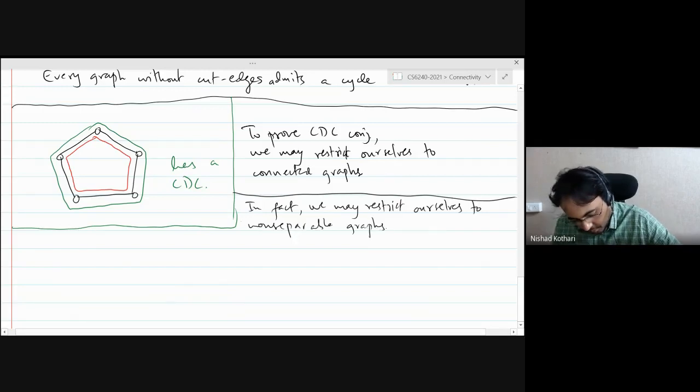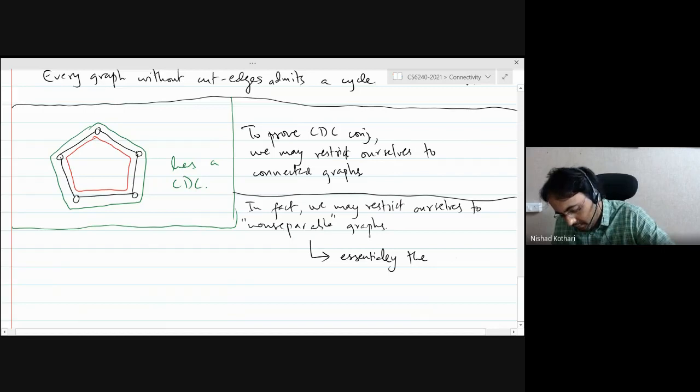So I want to tell you about non-separable graphs. And for those of you who have previously seen connectivity in graphs, this is essentially the same as 2-connected graphs. But if you don't know what a 2-connected graph is, then don't worry about it.